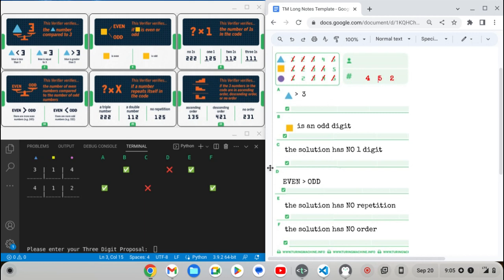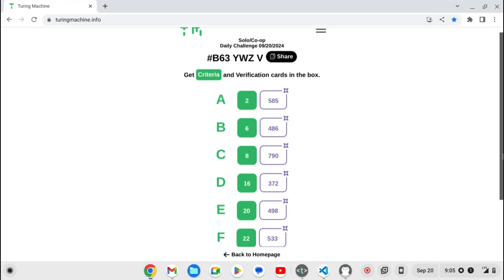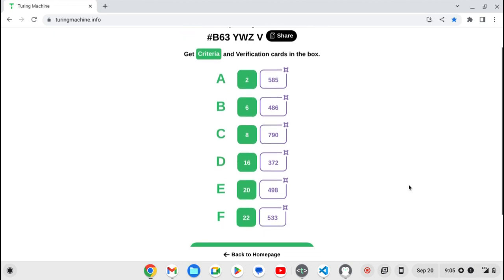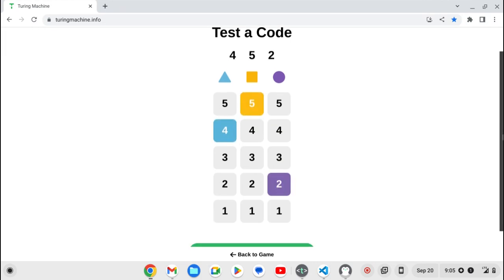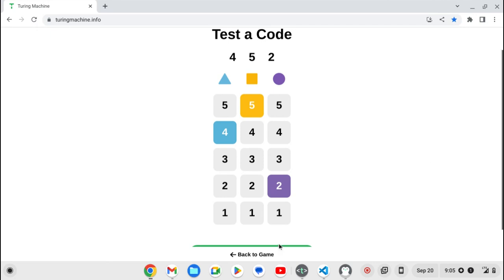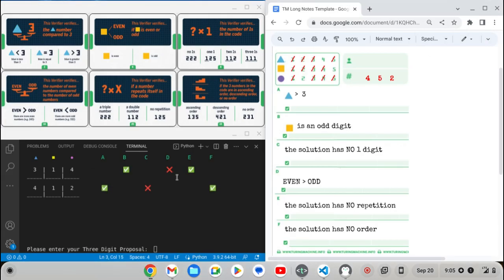Let's go verify. So 4, 5, 2. Excellent, so we got it right. Let's see how we did versus the Turing machine. We had 6 criteria cards and 6 tests.